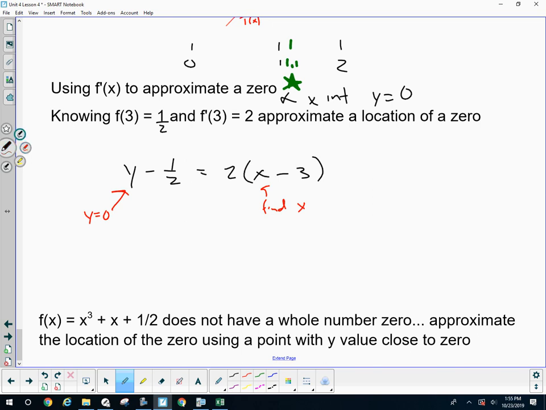I got negative 1/2 equals 2x minus 6. It helps to distribute there. I add 6, that's 12/2 minus 1/2, I get 11/2. It's going to be close to x equals 3. I can see it's a little bit to the left of it.